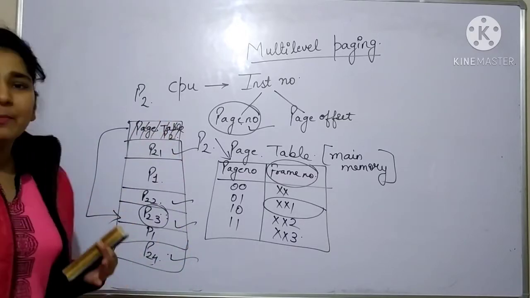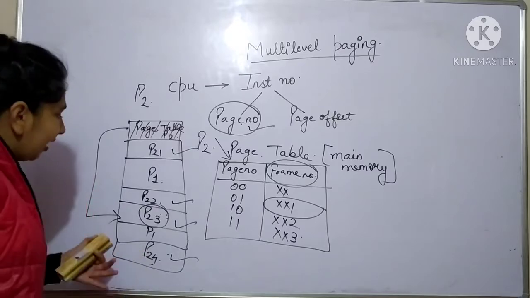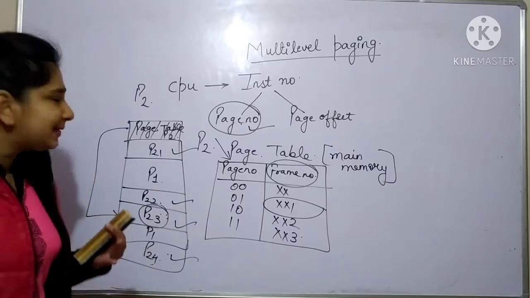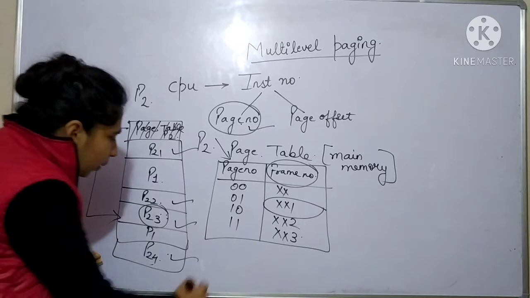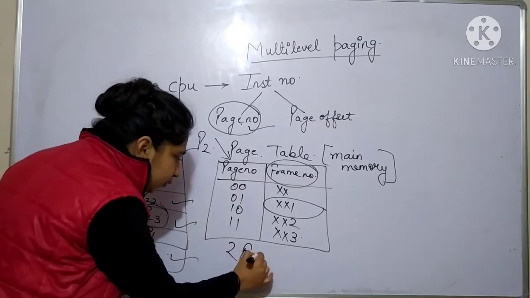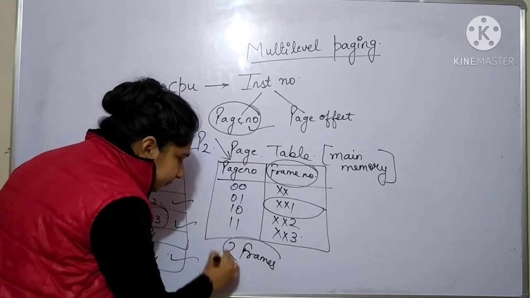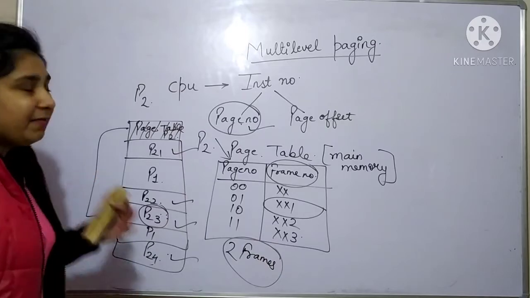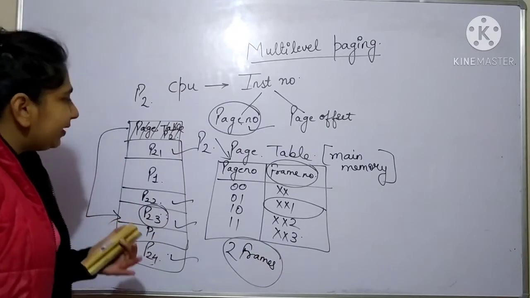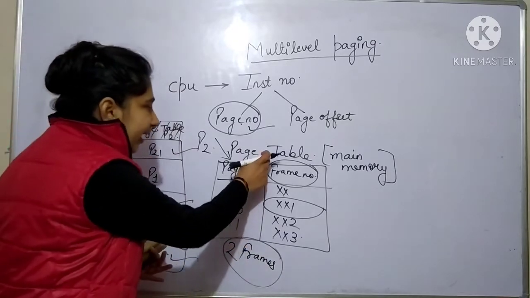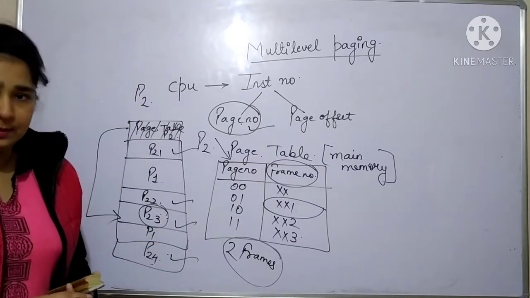So how many frames are we accessing? In this case, we are accessing just 2 frames. So our searching time is greatly reduced if we make use of a page table.